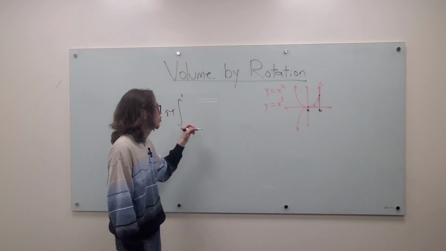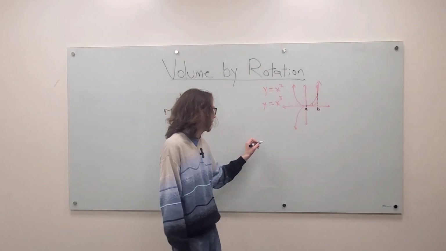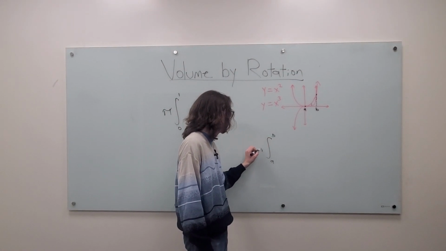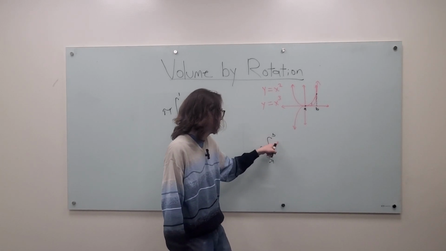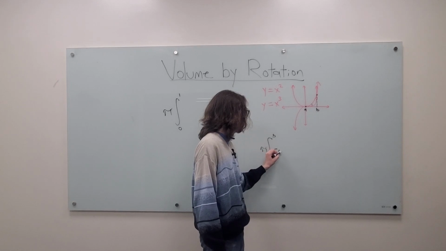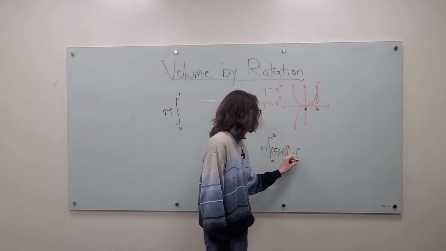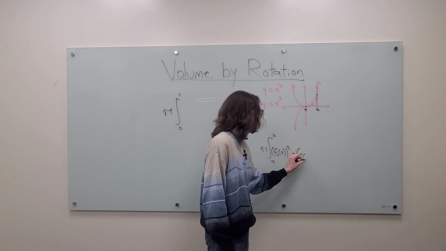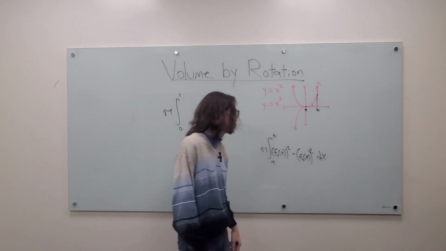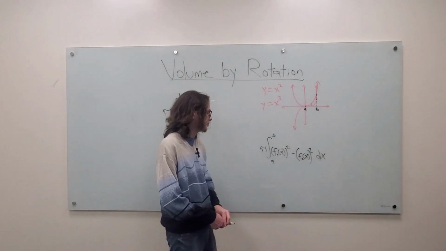So what this would be from a generalized standpoint would be pi times the integral from a to b of our f1 of x squared minus our f2 of x squared with respect to x, or y if we go about the y-axis.